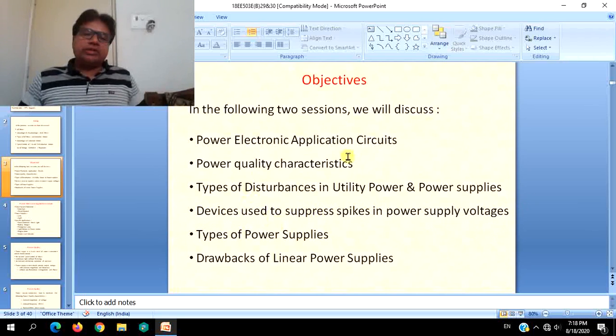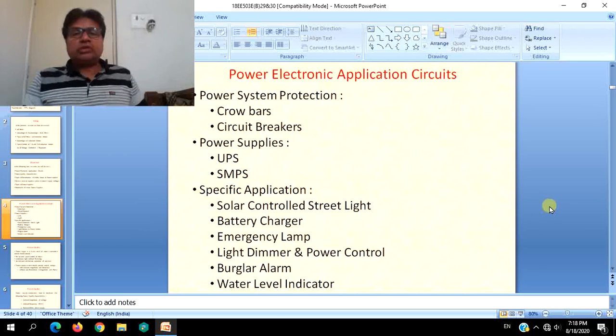Then once we understand all these things, what are the types of power supplies we have for various purposes, and again in that, what are the drawbacks of the conventional or linear types of power supplies, which are the main prototypes of power supplies we use. So these were the application circuits for power system protection, power supplies and specific application.